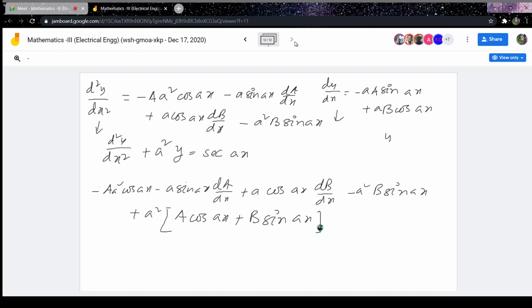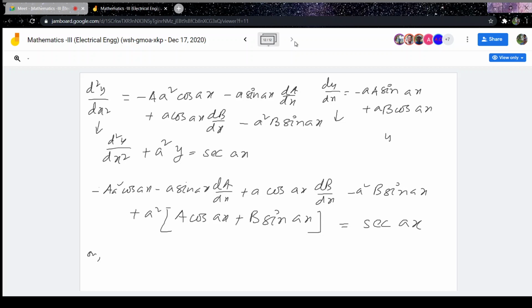This will be equal to sec x. Now I can see a square a cos ax will cancel out, a square b sin ax will cancel out.